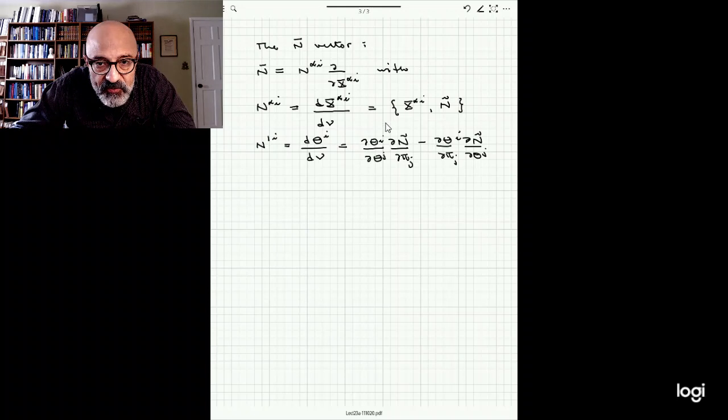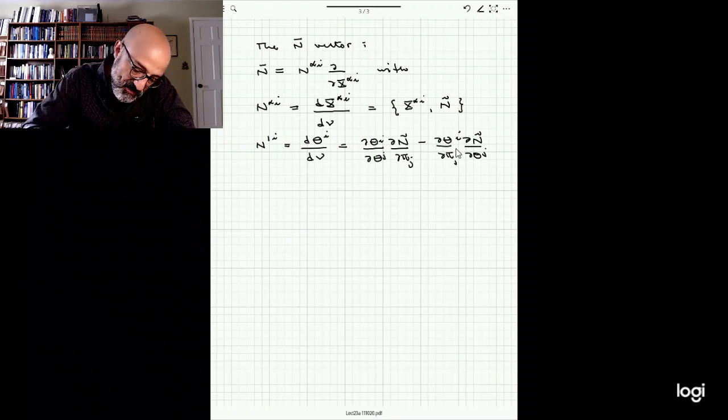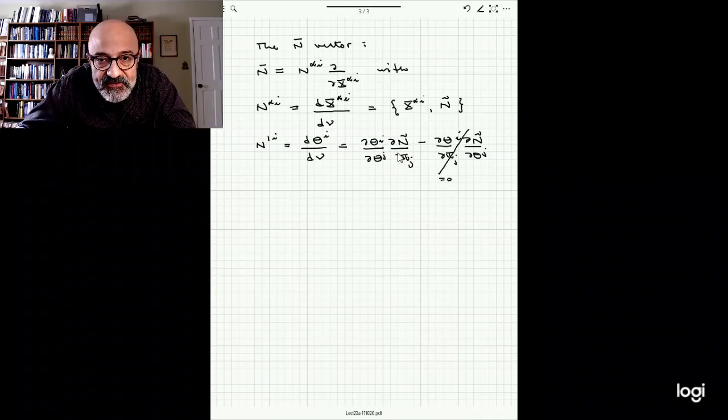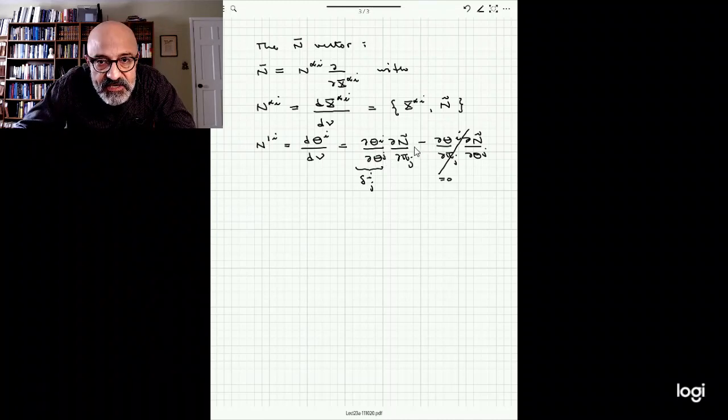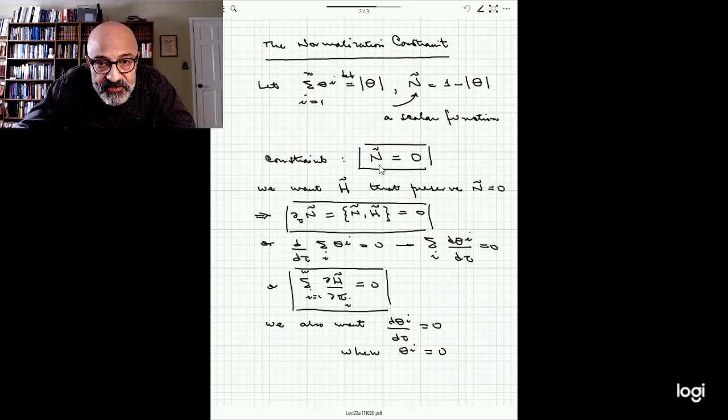Okay, when we look at this, you see that this term here immediately vanishes because d theta d pi is equal to 0, so we don't need to worry about that. And furthermore, here we have a delta ij. But n, the scalar function n, depends only on the thetas, right?